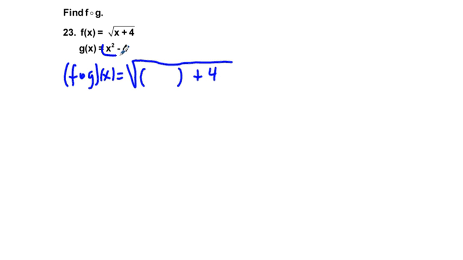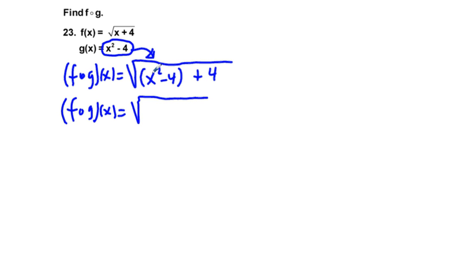So inside, we're going to place x squared minus 4 in the place of x. Simplifying, we'll have square root of x squared minus 4 plus 4. So we're going to get square root of x squared.